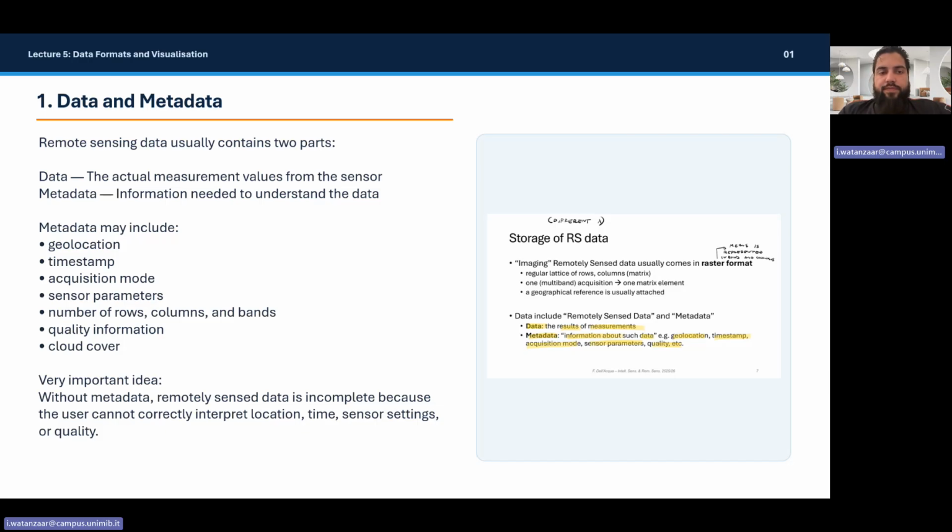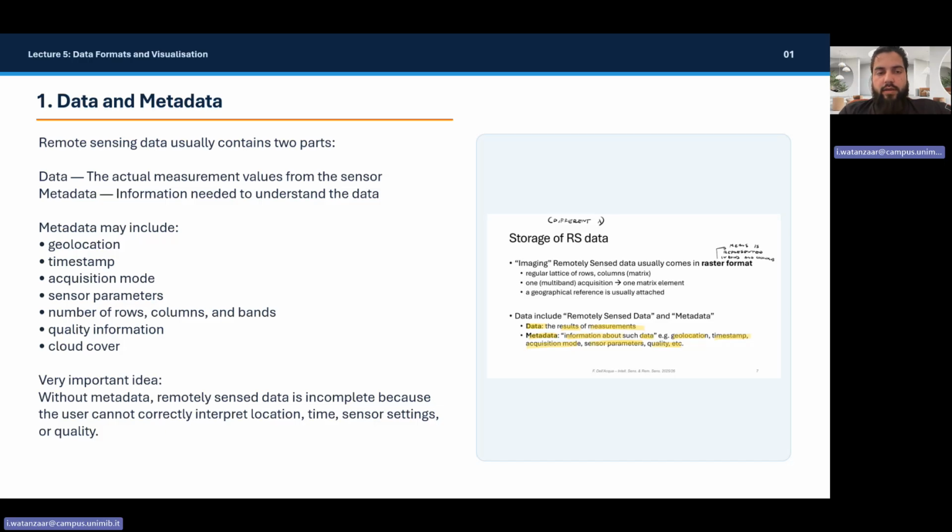What is metadata? Metadata includes geolocations and timestamps. I mean, the geolocation tells which part of the surface this data is from, and the timestamp tells when this data was recorded. And what is the acquisition mode? It is directly nadir, or it is from a side angle.